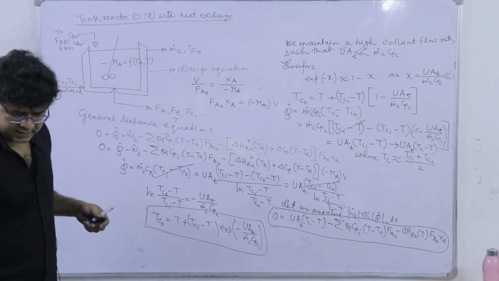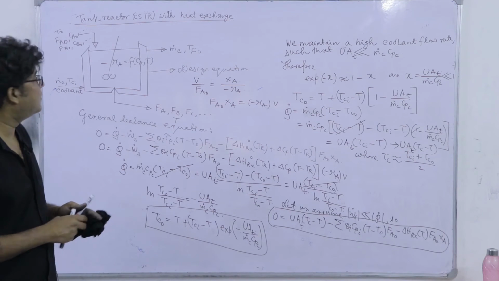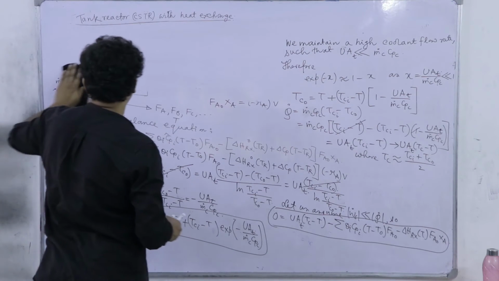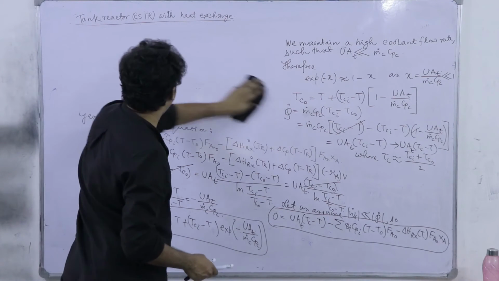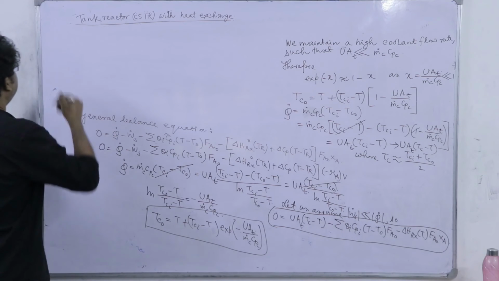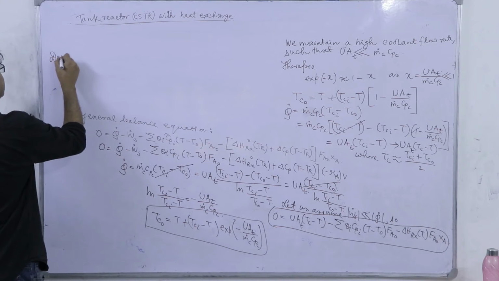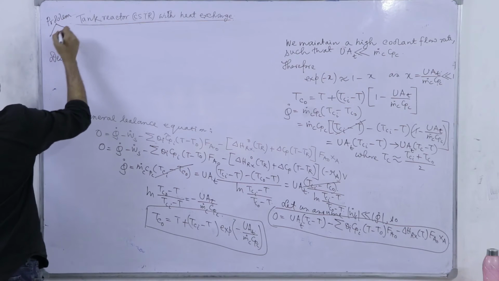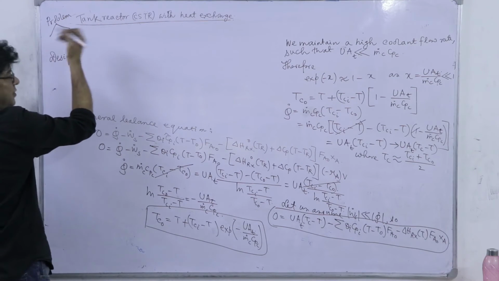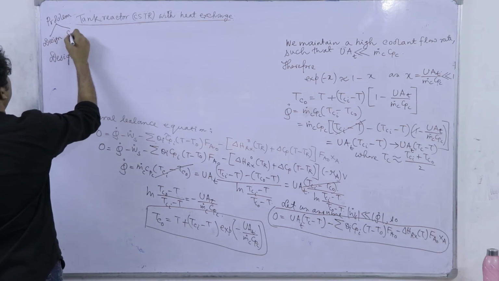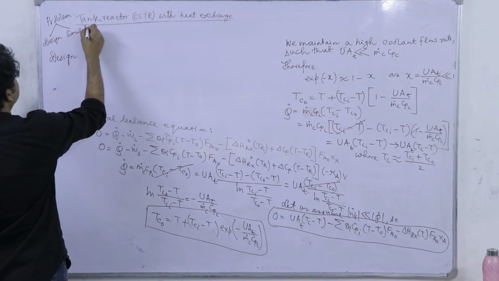Now, we have to think of two different problems. If it is a design problem, what will you do, and if it is a simulation problem, what is to be done. So, for the design problem, here we have to understand that for any chemical engineering problem related to some device, either it will be a design problem or it will be a simulation problem.